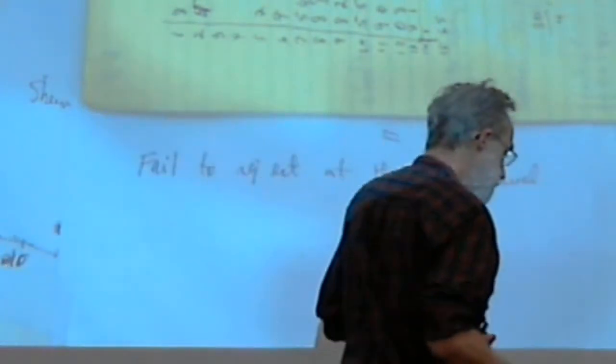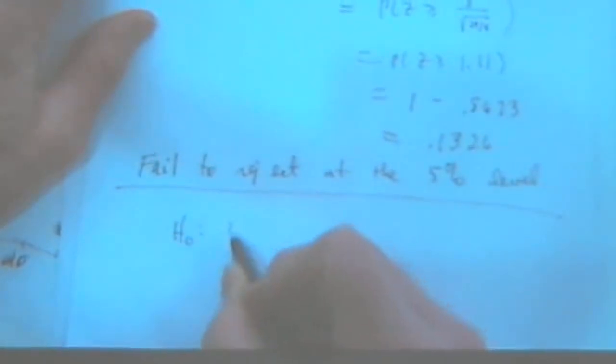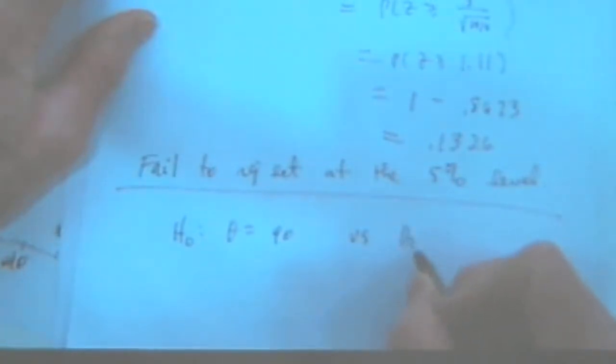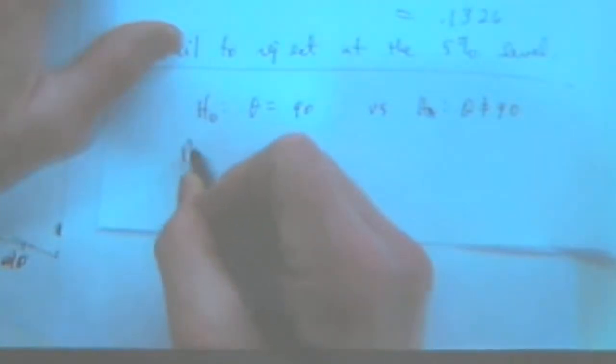Now, suppose this was a two-sided test. We'll often be doing two-sided tests. We're going to reject it if S is less than some value L, too small, or too large.